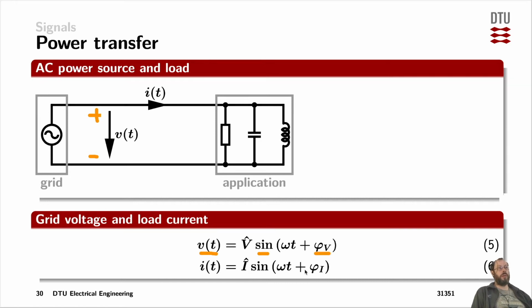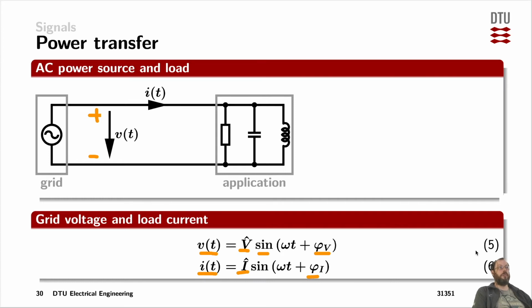Now both of them have a phase, phi voltage and phi current, which is respective to the time 0, which I also freely can define when it is. And then they have an amplitude represented by V hat here as the peak value, the amplitude, and the I hat for the time-dependent current.